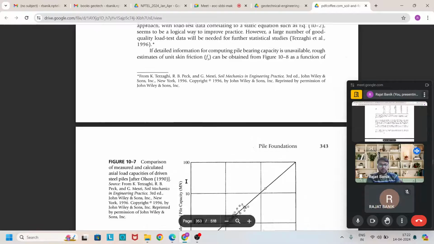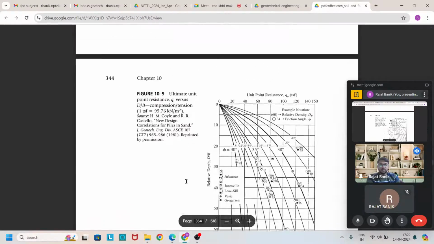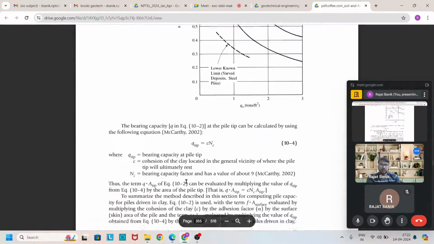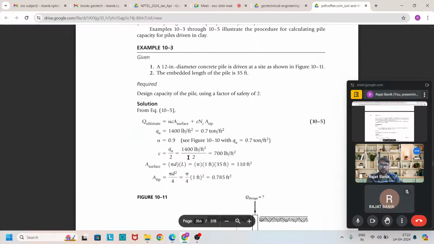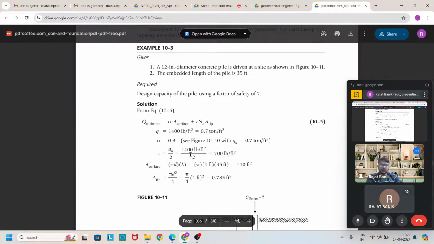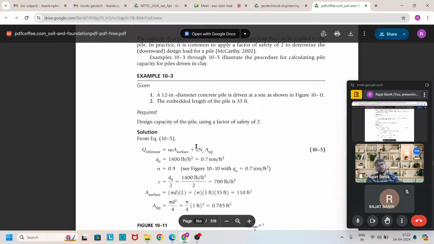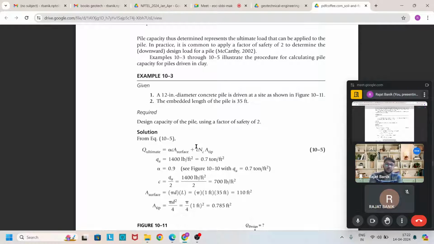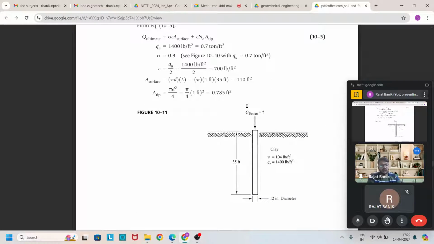Now try to solve one problem for clay nature of the soil. So this same problem is used for the clay type of soil, but the pile length here is given as 35 feet, and the soil properties are given.